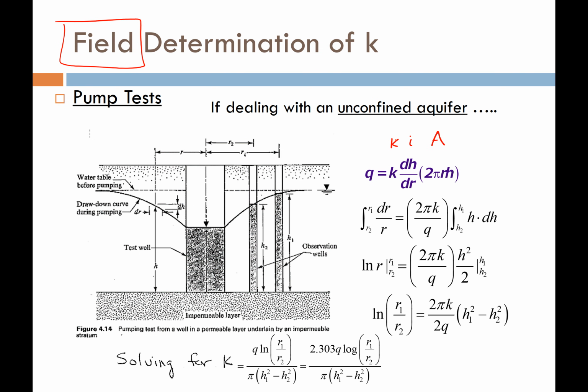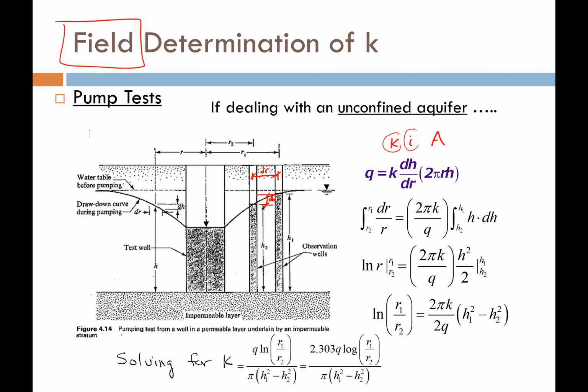Okay? K is what we're interested in. I is simply going to be the change in head, or the change in H, divided by the change in radius in our drawdown.